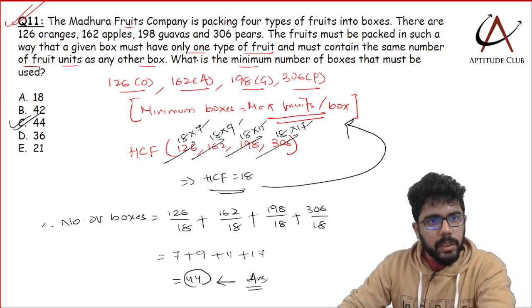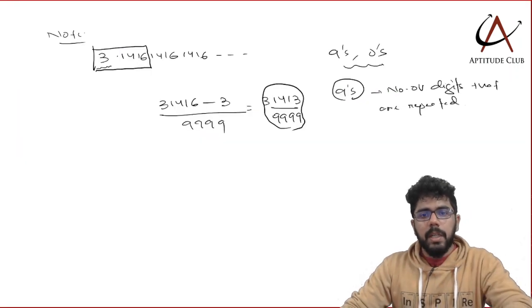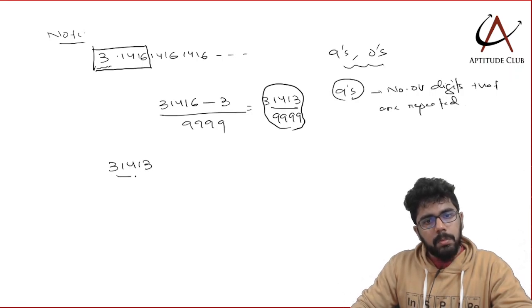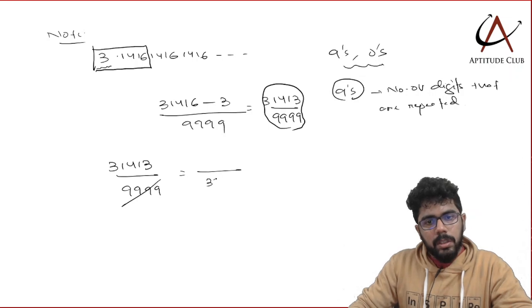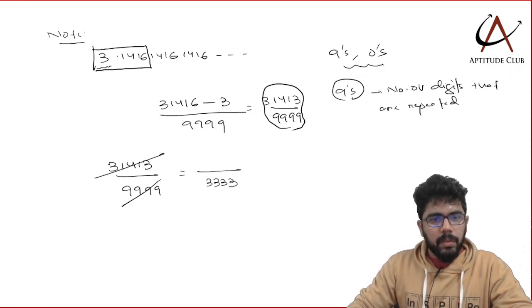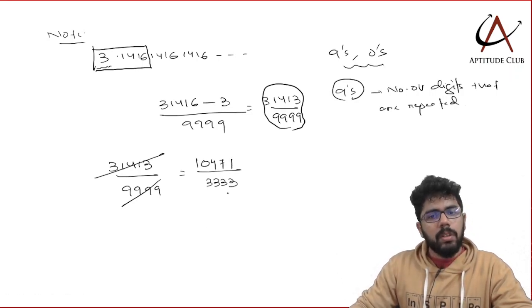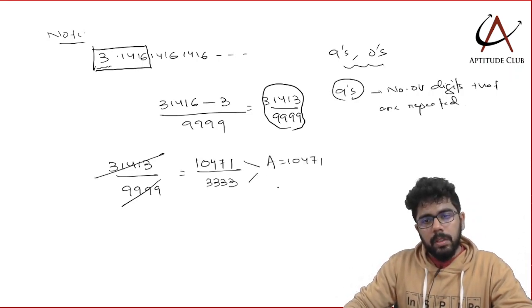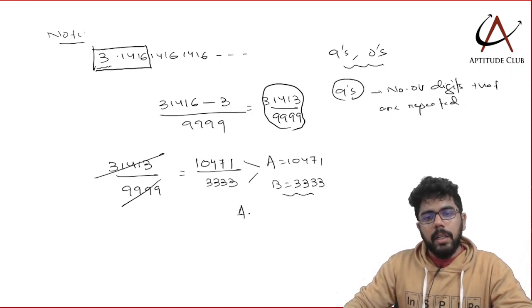But question में यहाँ पे बोल रहा है that A and B are co-prime. तो यहाँ पे A and B actually co-prime नहीं है, तो मैं इसको और थोड़ा simplify कर सकता हूँ. 31413 by 9999. तो ये 3 में अगर divide करता हूँ 3333, and if you divide this by 3, 3, 1, 4, 7, 1. इसके बाद you cannot cancel, so I can say here, okay, A is equal to 10471 and B is 3333, and A and B are co-prime.